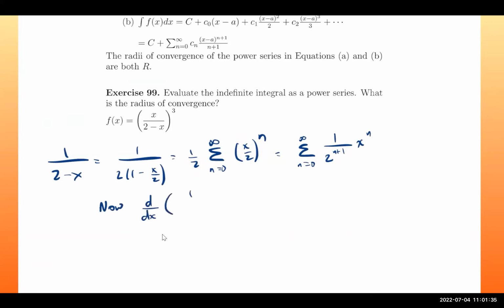Now, based on the theorem above, the derivative of the original function that we began with is equal to the derivative of the power series that we just found.